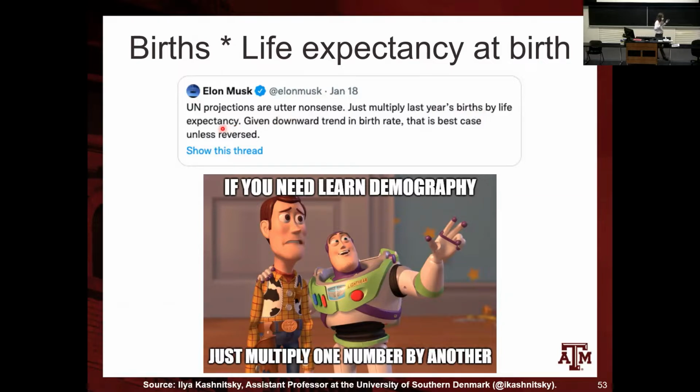I think the life expectancy he's talking about is the life expectancy at birth. And his point is that since fertility is declining, given the downward trend in birth rate, that is best case unless reversed. So we expect that population size will decline because fertility is declining.